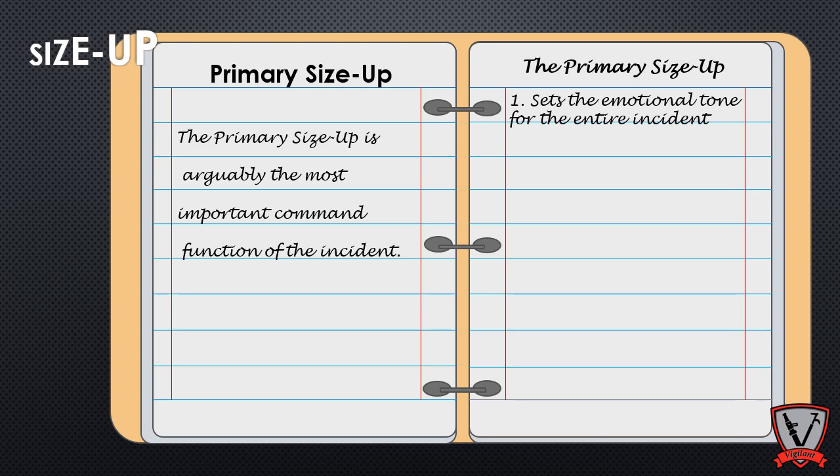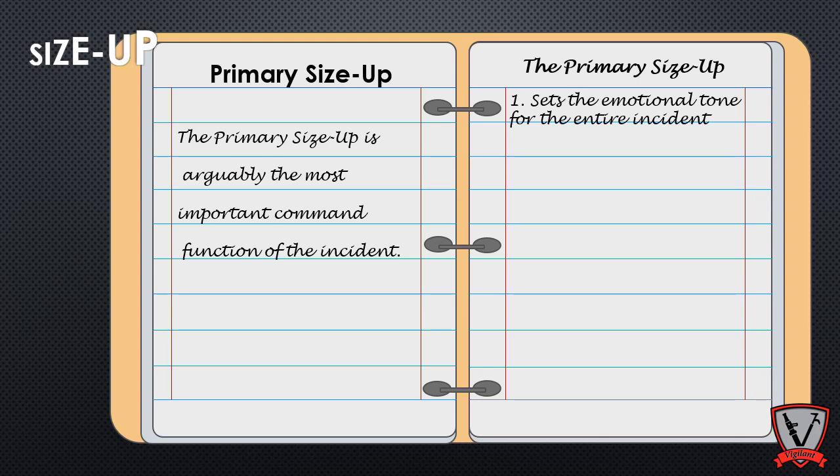If the first arriving unit gets on location and is screaming over the radio and short of breath, the arriving units behind the initial unit are going to take on that emotional response. We're already pulling up on an emotionally stressful incident here, no matter if it's a fire or a motor vehicle accident. We're pulling up on something that is going to cause stress to our responders.